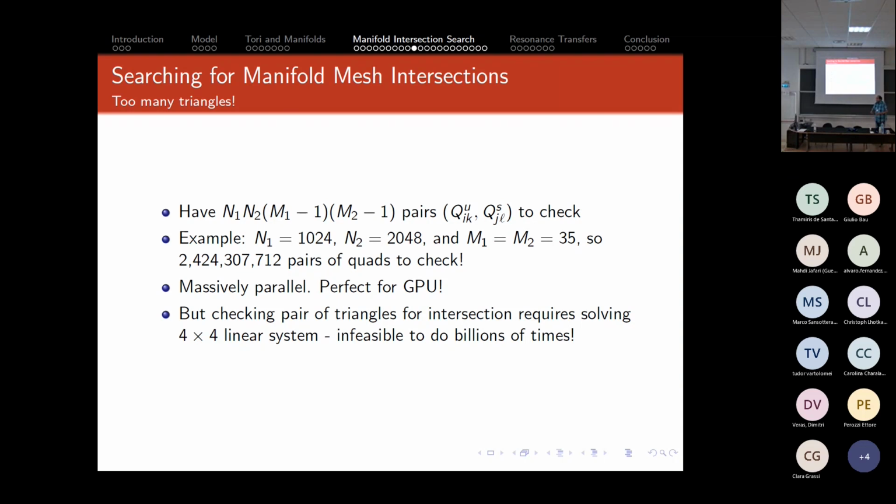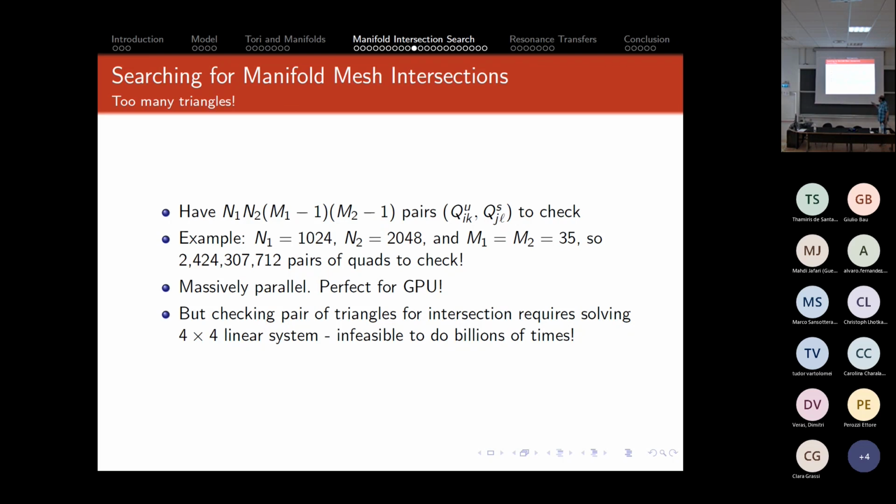We might discretize theta in like 1,000, 2,000 values. Then S might have like 35 values in a given layer. So if you naively were to check every quad on the unstable mesh with every quad on the stable one, you'd end up with billions of pairs to check, which, if triangle-triangle intersection checks in 4D space, doing it billions of times is completely infeasible, computationally speaking.